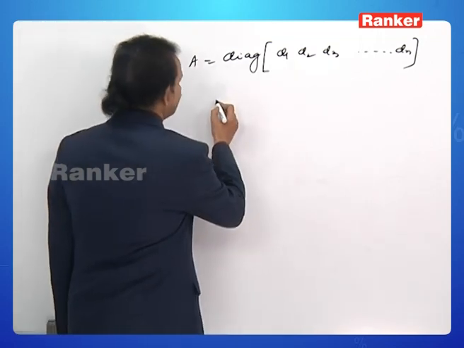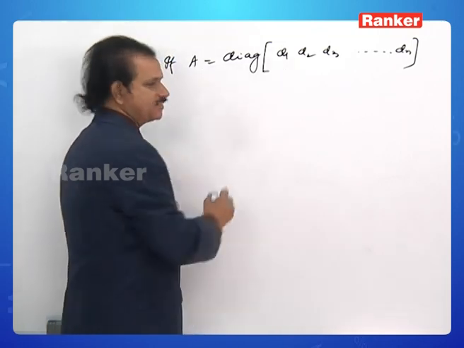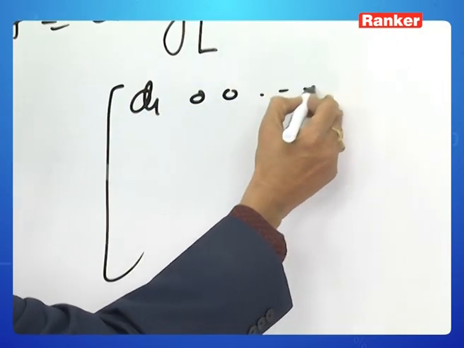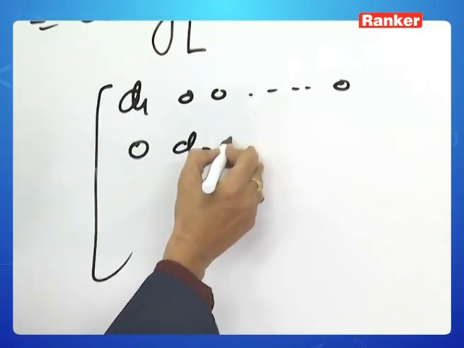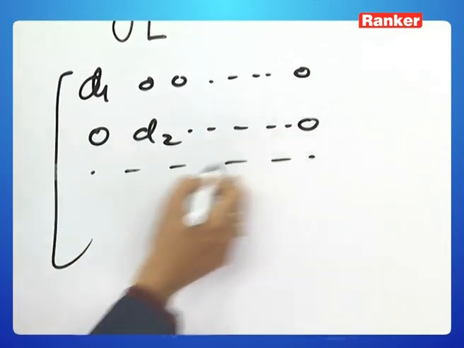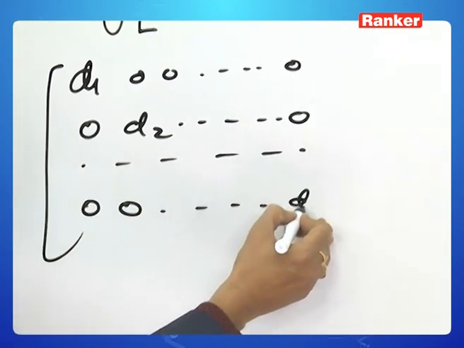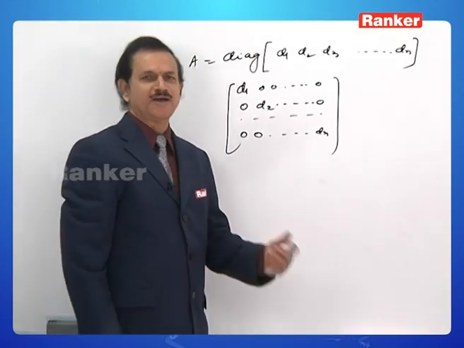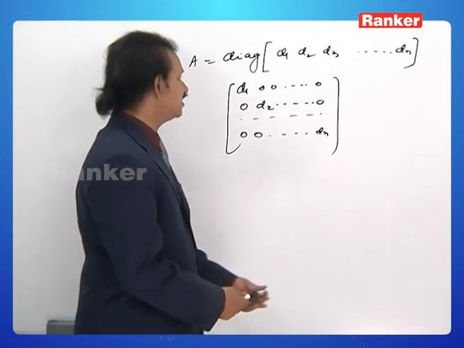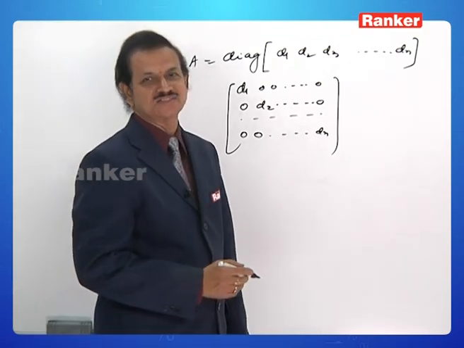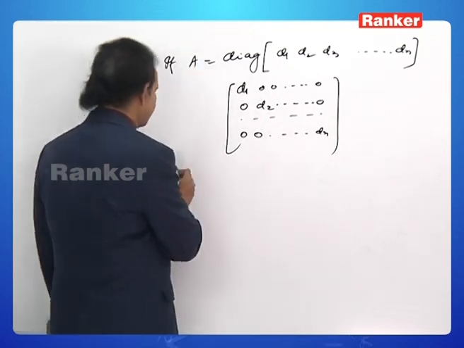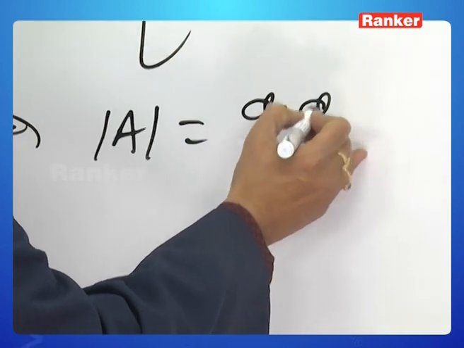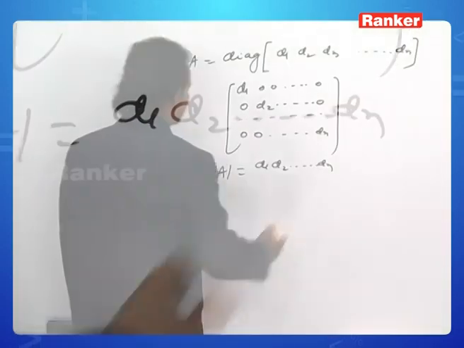We can understand this as the diagonal matrix with D1 0 0 and so on, 0 D2 and so on, up to Dn. No doubt it is again a triangular matrix, both upper triangular and lower triangular, of course. This also has its determinant as the product of diagonal elements, isn't it? Implies that det A is equal to D1 into D2 into D3 up to Dn.